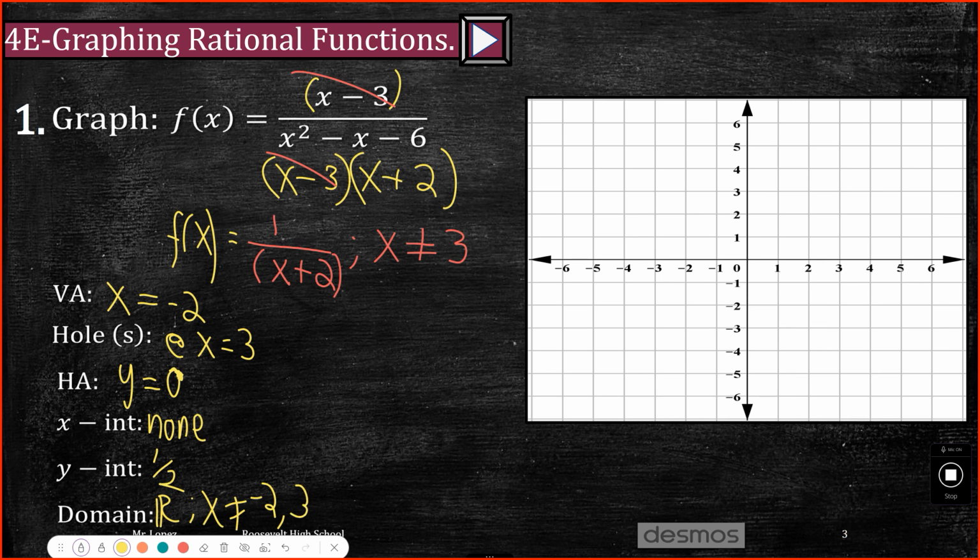Okay, so this is what is going to help us graph this. It has a vertical asymptote at x equal -2. Right now, the hole, and the horizontal asymptote y equal to 0.